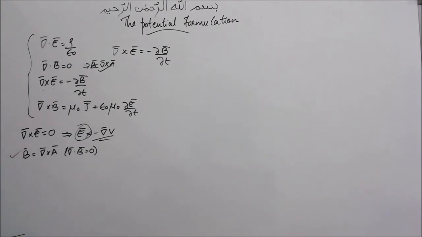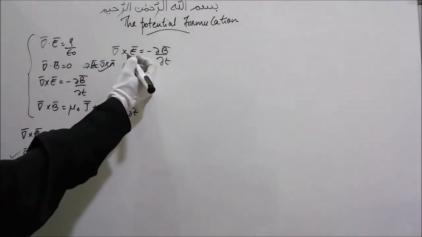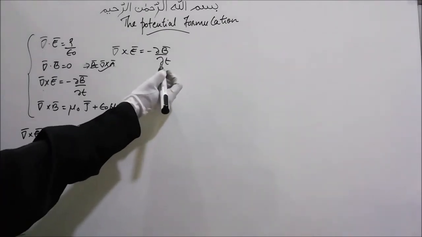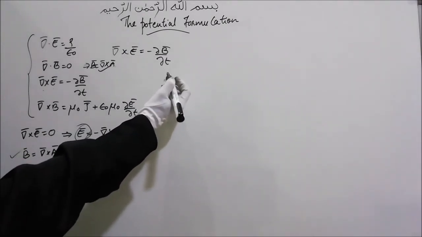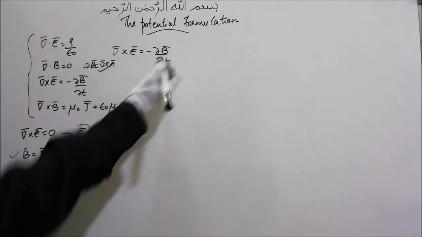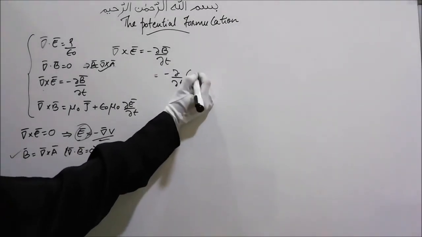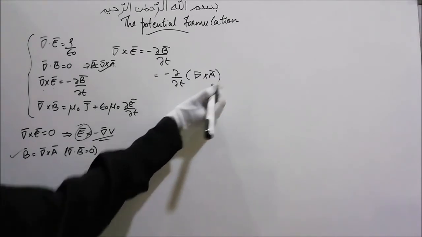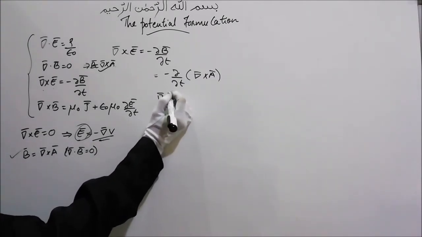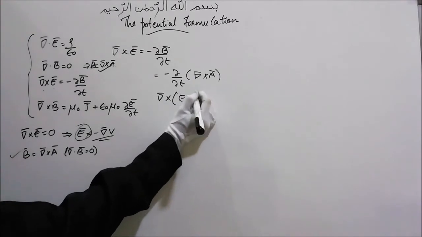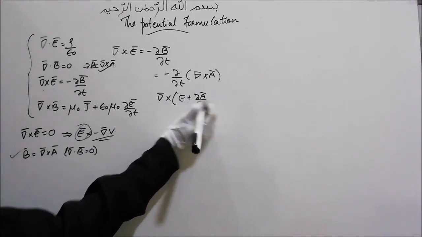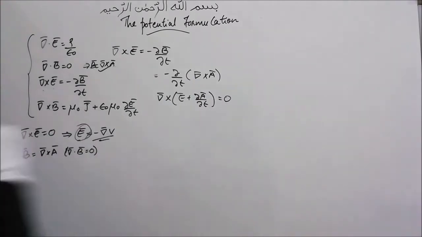So what exactly do we get in electrodynamics? To see that, we are doing this. Del cross E equals minus del B by del t. What is B? It is del cross A. So minus del by del t of del cross A. Take that here, and we'll have del cross E plus del A by del t is equal to 0.